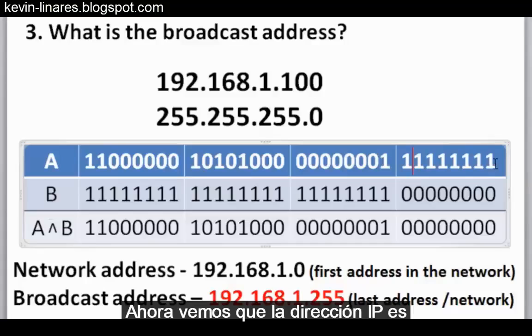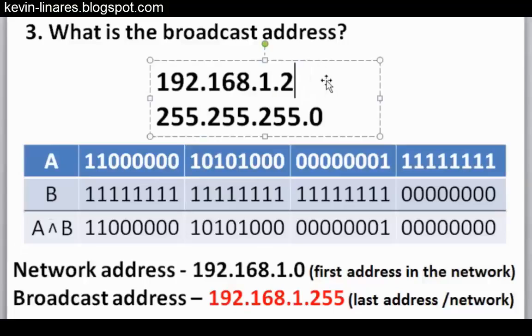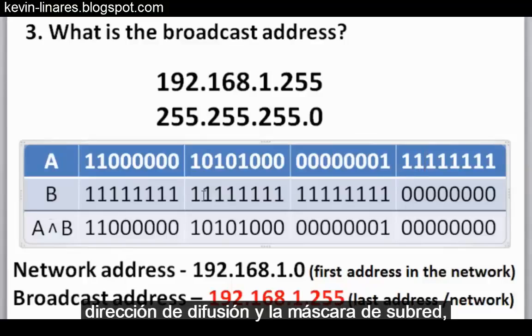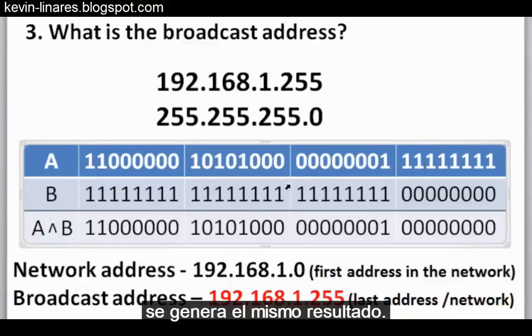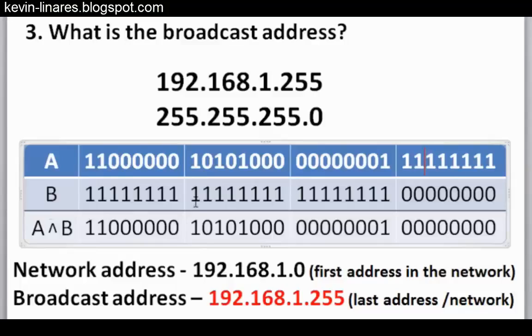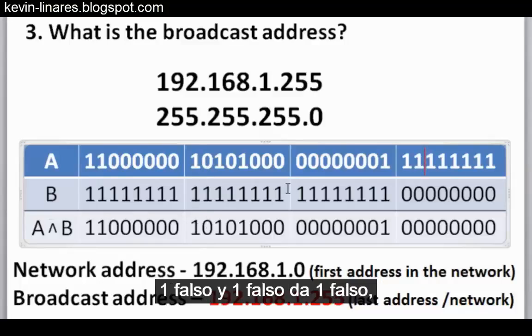So now you can see that the IP address is 192.168.1.255. If we do an ANDing operation between the broadcast address here and the subnet mask, you'll see that it generates the same result. Notice a true and a true makes a true and a true makes a true, false and a true a false, all the way over.